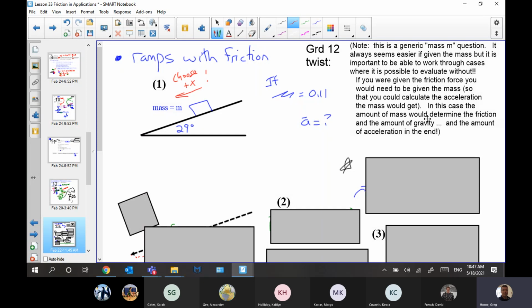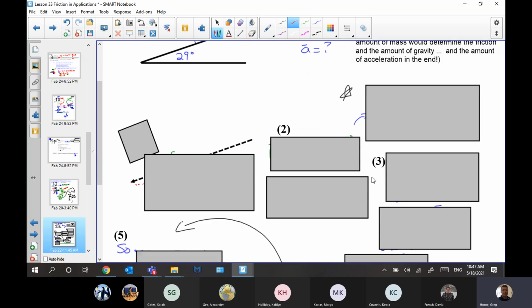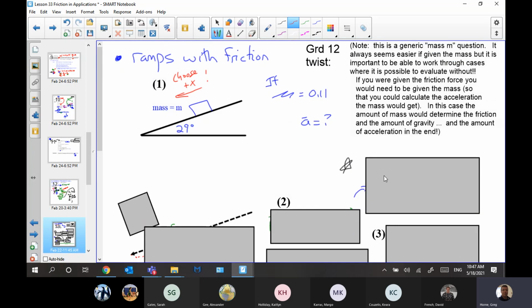So this question, as we work through it, will seem a little weirder, a little harder, because it's an M instead of an actual number. You could, I suppose, put a number in for it and it'll work out. But at grade 12 level, you really want to be able to carry this out without a mass value.